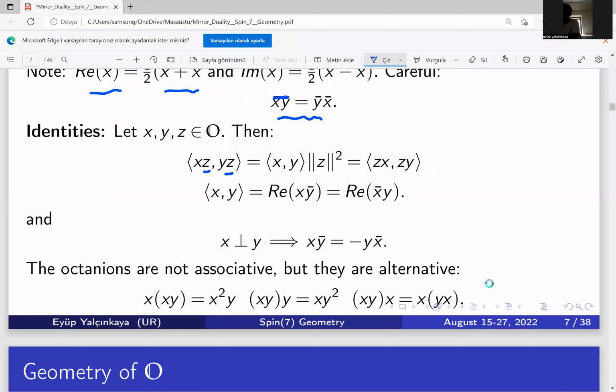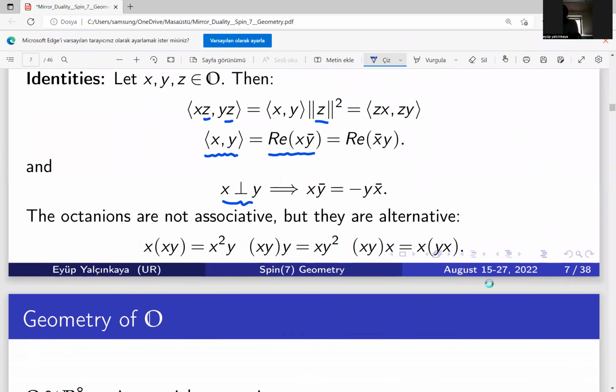For the identity, if your elements multiply on the right-hand side, you can take it out. Previously we talked about how the inner product can be written as the real part of x times y bar. And the last thing we covered yesterday: if they're orthogonal, we can switch, so x y bar equals minus y x bar.